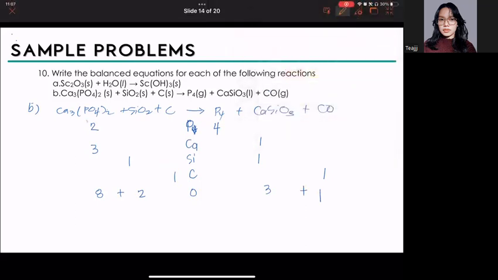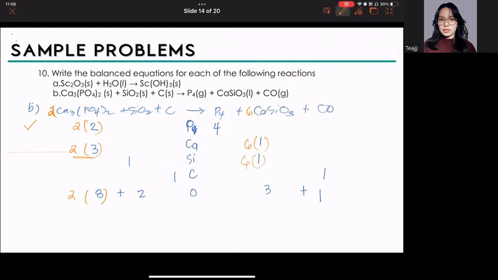So now let's multiply this by 2. Oops, 2. So na-multiply din yung calcium and na-multiply din yung oxygen. So now we have 4 phosphorus. So balanced na. And then yung calcium natin, we now have 6. So we multiply this by 6. Right? Kasi 1 times 6 is equal to 6. Equivalent to 2 times 3.